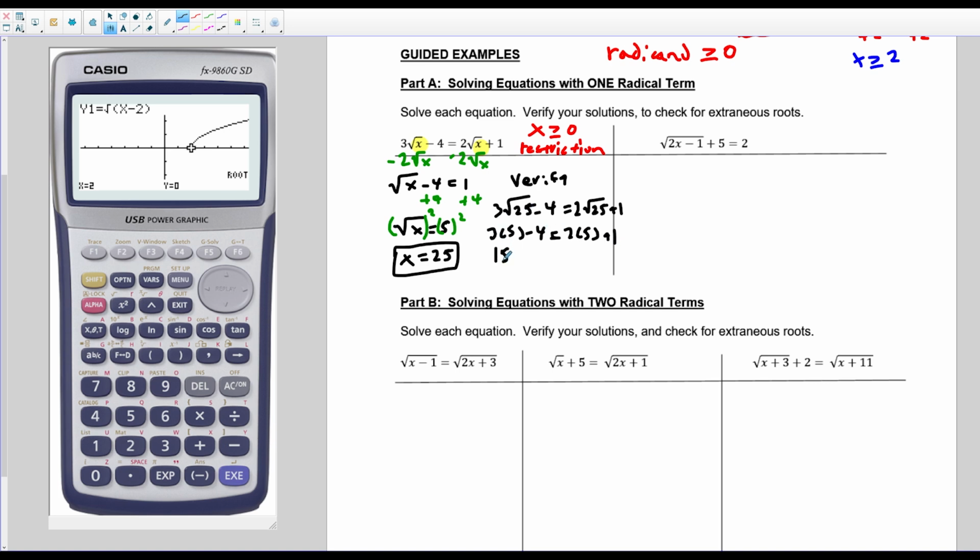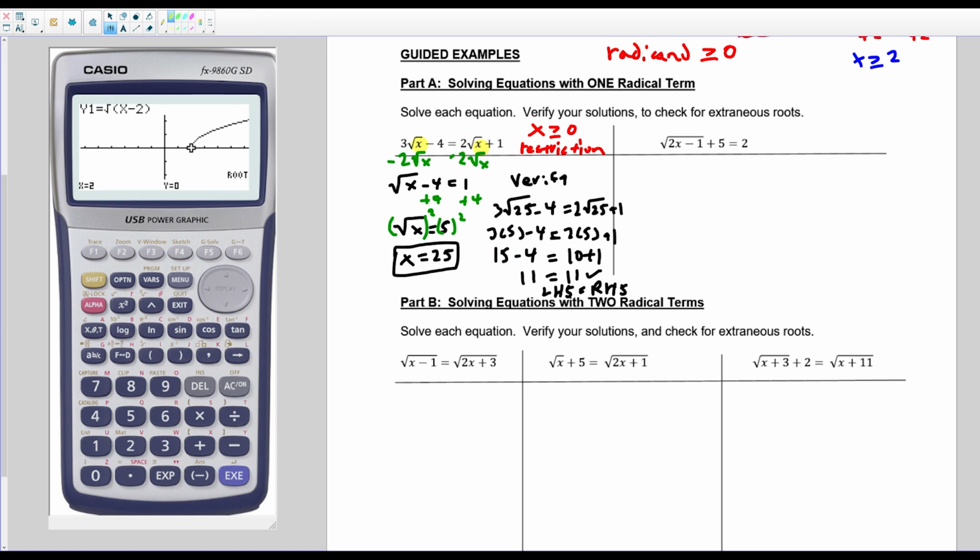So this means I have 15 minus 4 is equal to 10 plus 1. Here on the left-hand side, I get 11. And here on the right-hand side, I get 11. So the left-hand side is equal to the right-hand side. That should say LHS. Therefore, we have verified our solution to this problem.